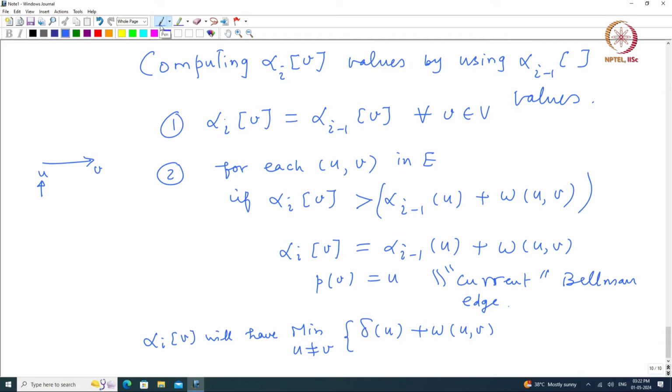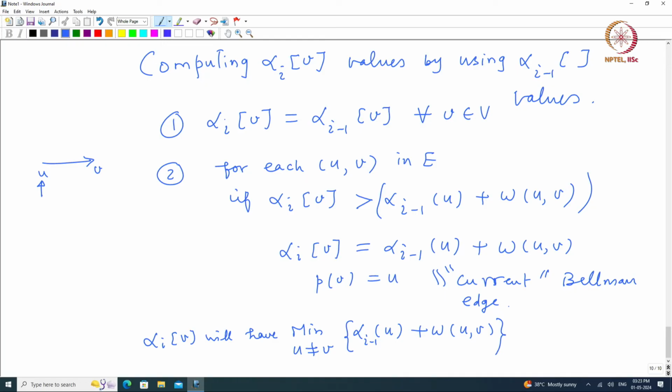Every alpha i minus 1 array is fully consulted, wherever there is a u and an edge uv, this value is computed and the smaller value is updated.